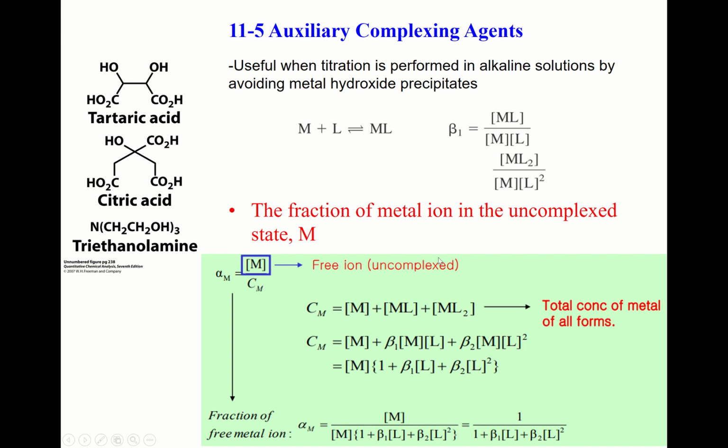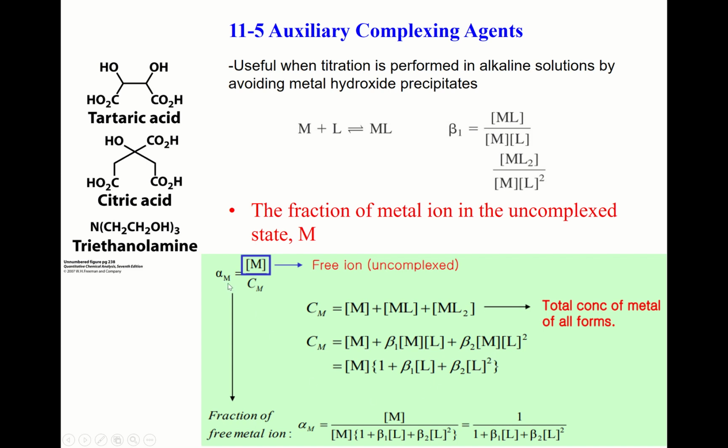When the ligand makes complexes, ML and ML2, from the mass balance equation, CM is written this way: free metal ion concentration plus metal monoligand complex concentration plus metal diligand complex concentration. Using beta 1 and beta 2, we can rewrite CM as M times parentheses 1 plus beta 1 L plus beta 2 L squared.